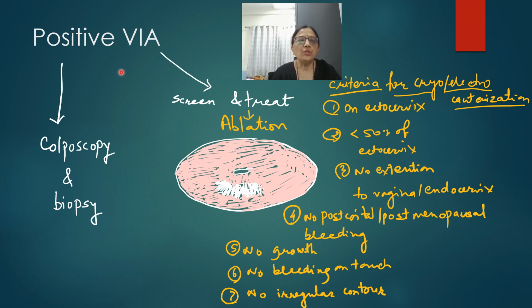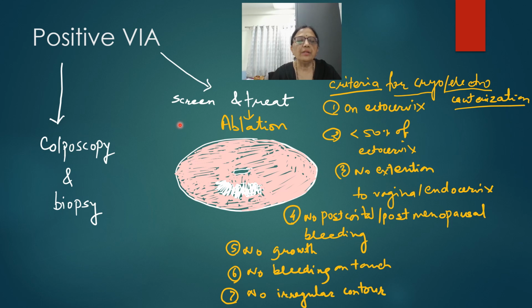Last is VIA, visual inspection after application of acetic acid, where a positive VIA is an indication, if facilities are available, to do the colposcopy and take a colposcopy directed biopsy. That is the proper screen, triage and treat approach.